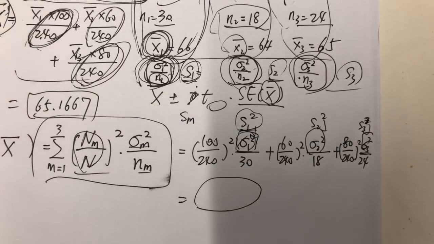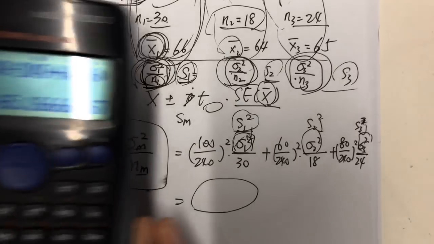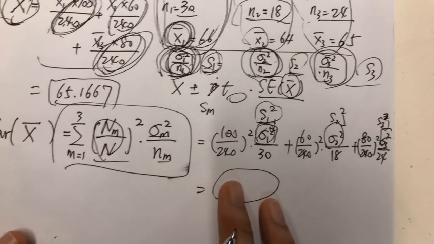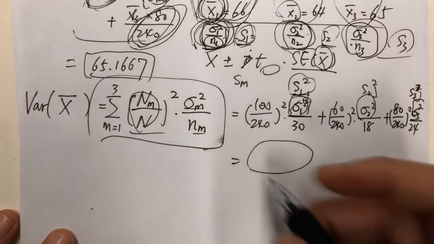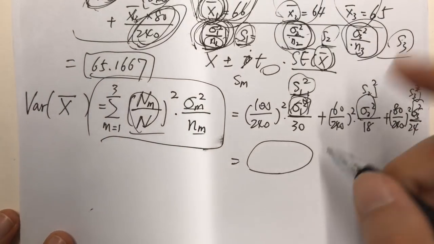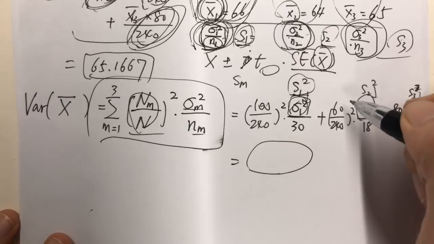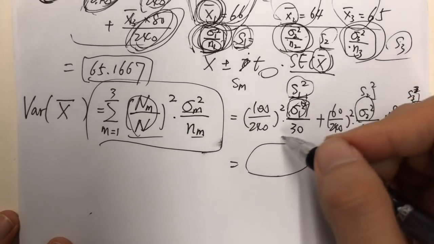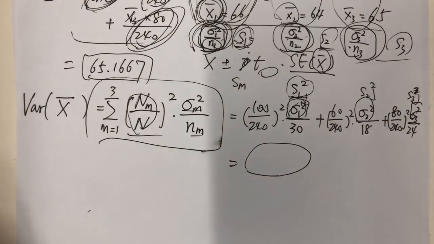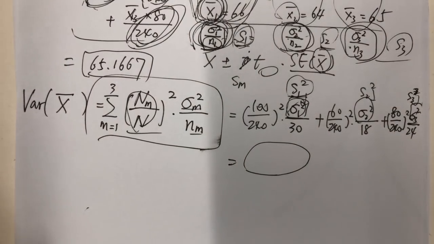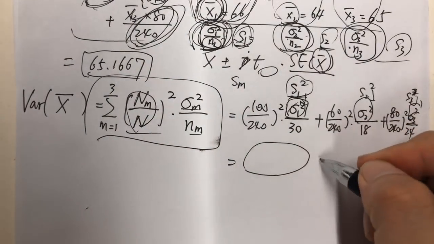I don't want to press my calculators now, okay? It's not that hard. So after that, we calculate the variance of X bar. For example, let's suppose a number, okay? Suppose that the variance of the mark is, for example, 225, okay?